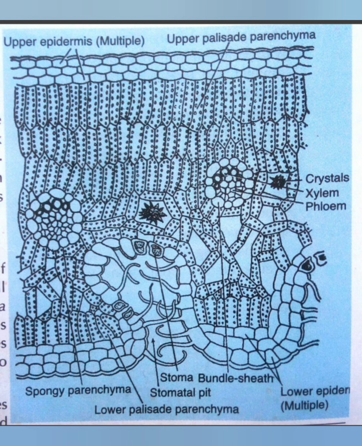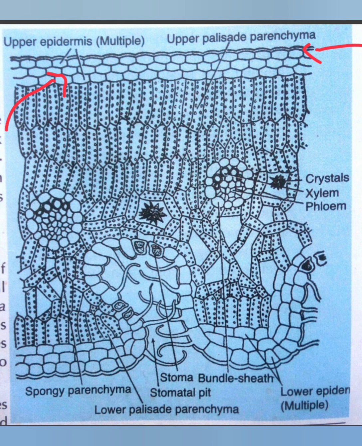As you can see in this diagram, the epidermis is multi-layered in the xerophytic plant, and the epidermal surface is covered with a thick cuticle. Also, in the cuticular layer there is deposition of waxes, and I had already mentioned that these waxes help to minimize the water loss.